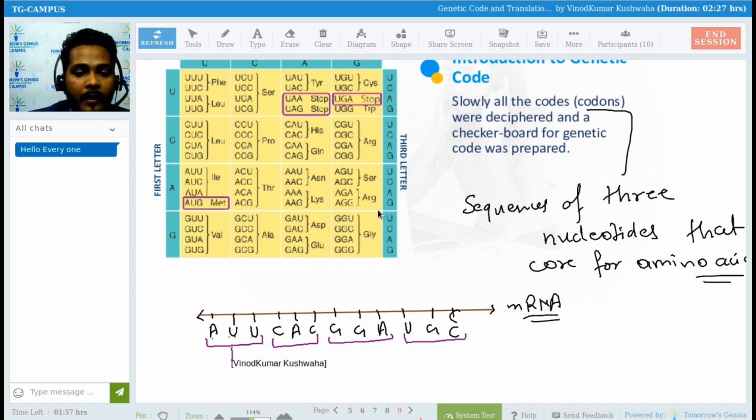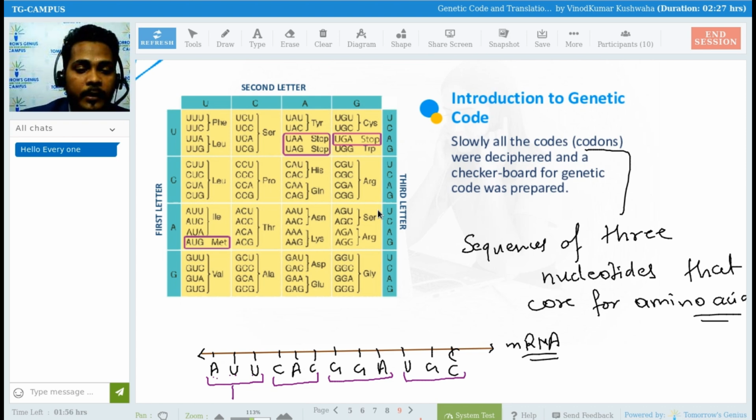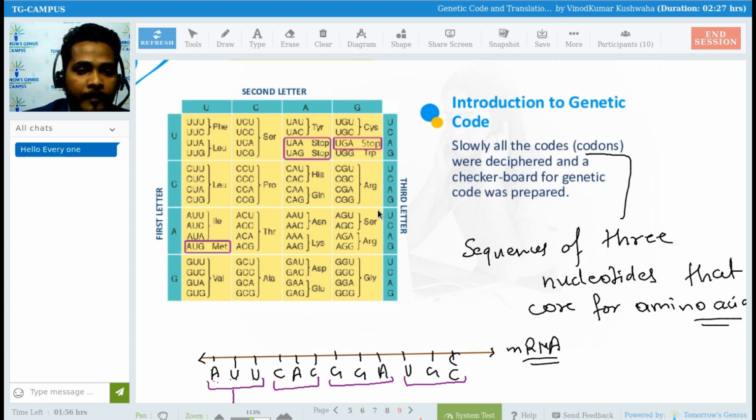So see here, AUU. You can go in this chart and find out what is AUU. You go A, then UU. Can you find the AUU? Yes, you can see in this codon, this is AUU, and this stands for isoleucine, right?